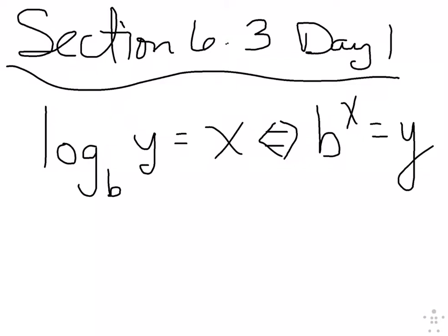I have an exponent now, don't I? Yes. The variable is in the exponent. That process we're going to use in order to help us solve our problems. This is how we're going to solve our problems today.